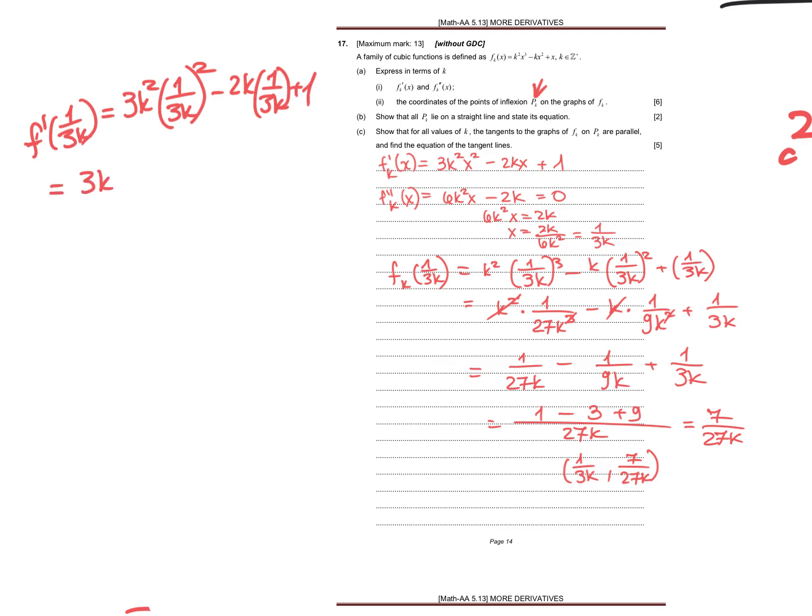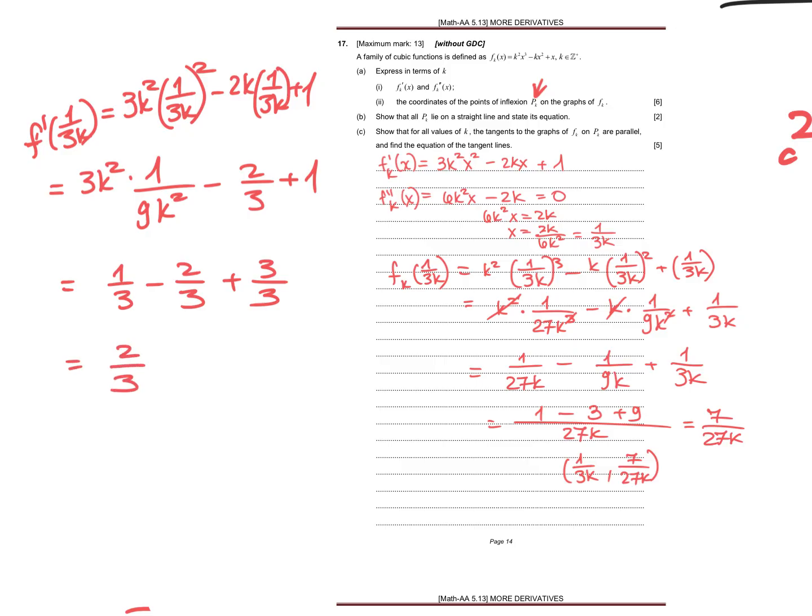So 3k squared times 1 over 9k squared minus 2 over 3, because the k's cancel, plus 1. So this is going to be 3 over 9, 1/3, minus 2/3 plus 3/3, 1. So that's going to be 2/3.